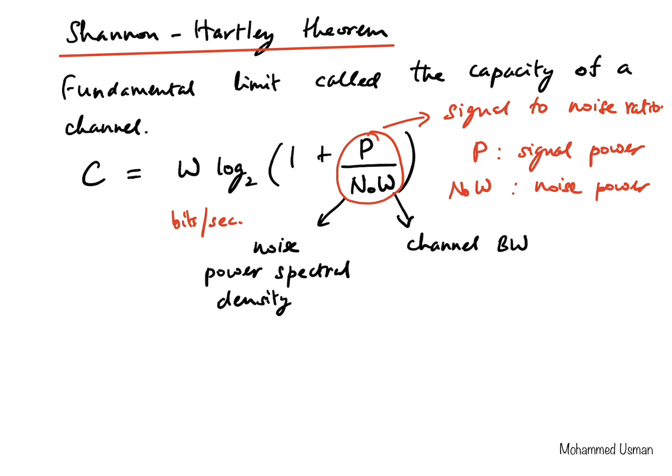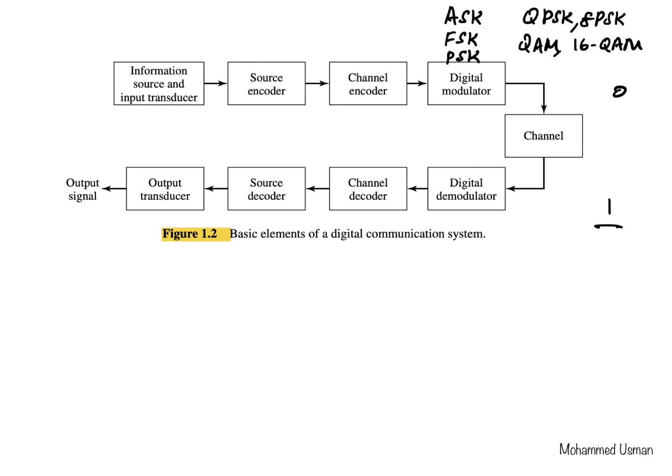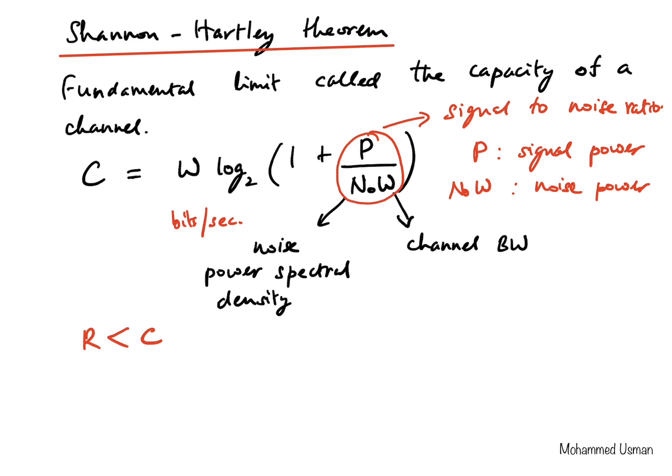Now, what this limit says is that if we transmit at a rate R below the capacity of the channel, then we can have some kind of channel coding scheme, like the channel encoder and channel decoder we had here, some form of error detection and correction mechanism, which will ensure that the received signal has arbitrarily small error probability. The number of bits in error in the received sequence would become very close to zero.